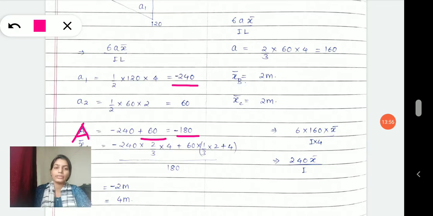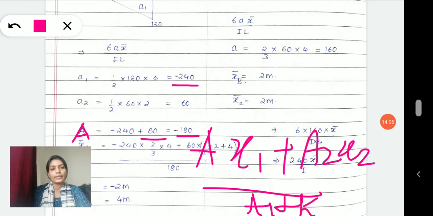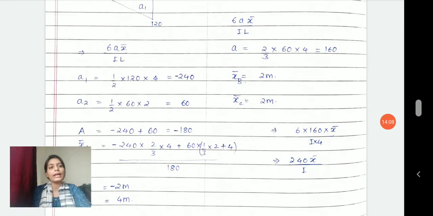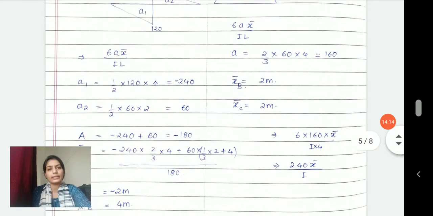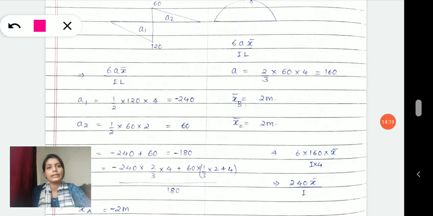Now I am calculating x bar. How will I calculate x bar? A1 x1 plus A2 x2 divided by A1 plus A2. That is the calculation, right? And similarly, A1 is minus 240 into its centroid. Let's go to the diagram. Yes, area of this is negative 240 into centroid.